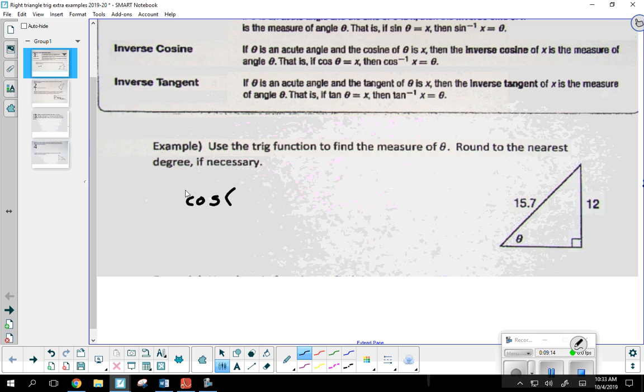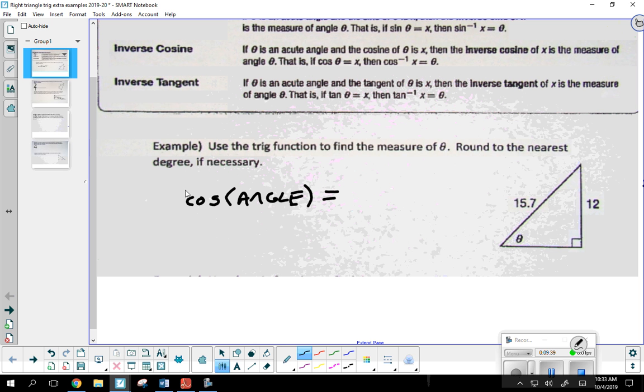You input an angle measure into a trig function, and what kind of answers were we getting? Well, they could be decimals if you put them in the calculator, but what do those decimals represent? The ratio of what? Side lengths.